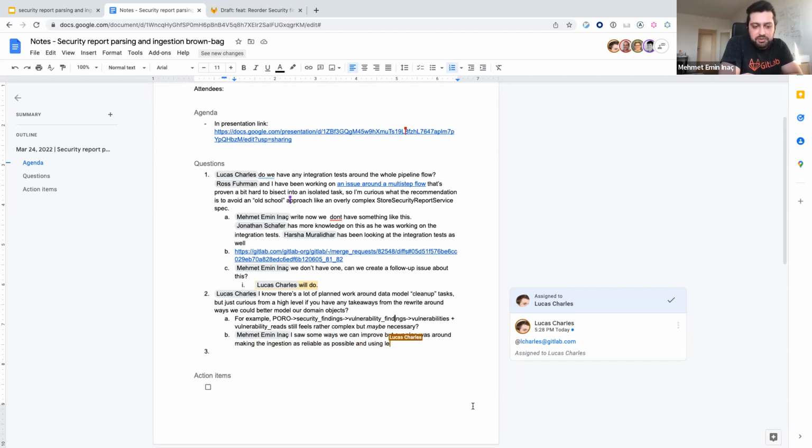I mean, we can maybe go with the star model or try to normalize the data as much as possible, but then the querying part will be painful. So this is why we invented the vulnerability reads, to segregate the queries from reads. That's a really huge topic. We definitely need to discuss this a lot. Maybe we can even have a spike and then try to find what needs to be done.